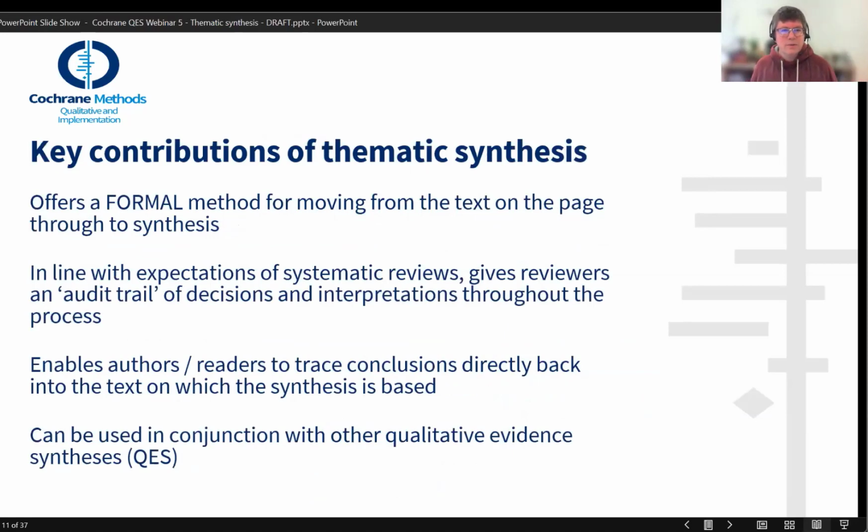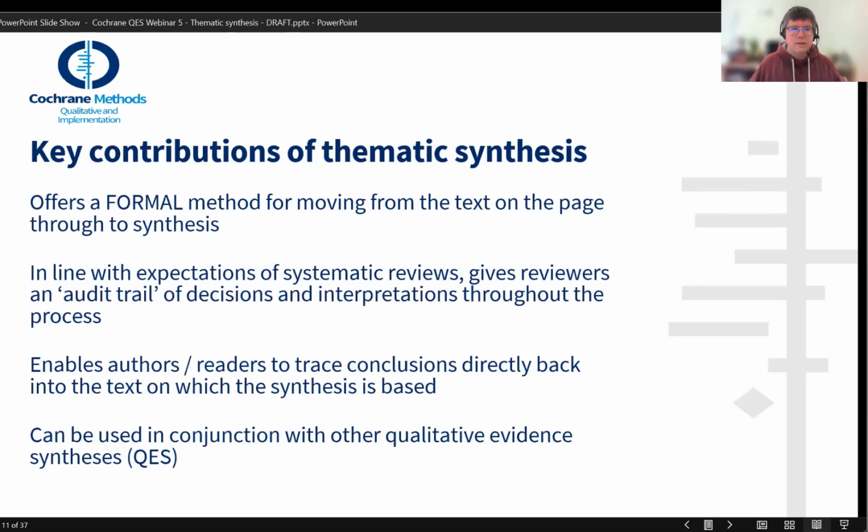So the key contribution that we see thematic synthesis has made is that it offers a formal method for moving from the text on the page through to synthesis. It was developed within the context of doing systematic reviews, and we had our systematic review, transparency and audit trail hats on when we were working on it.